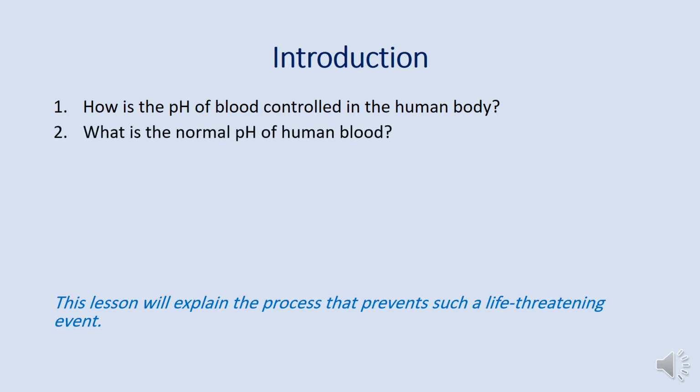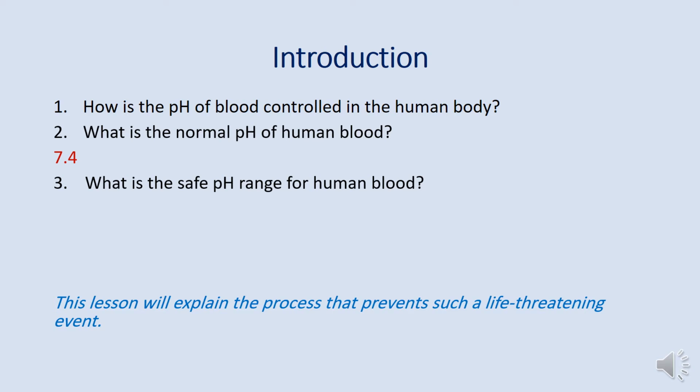The second question: what is the normal pH of human blood? It is 7.4.